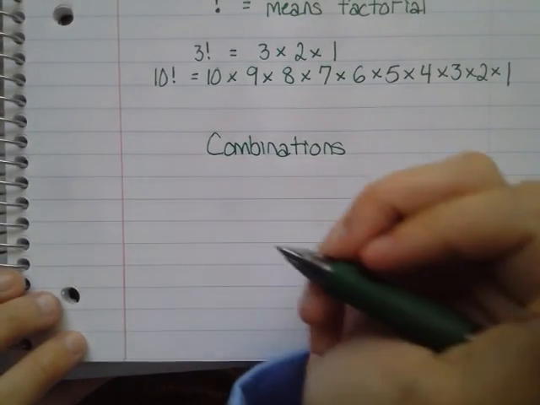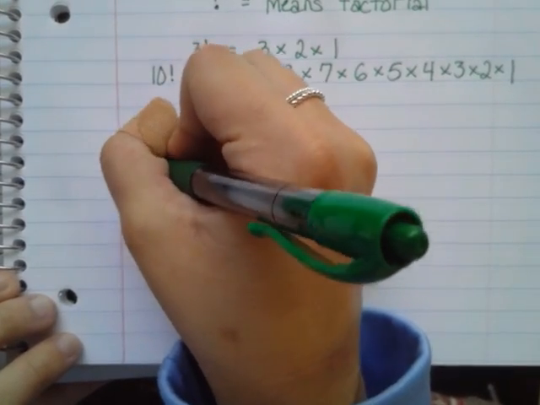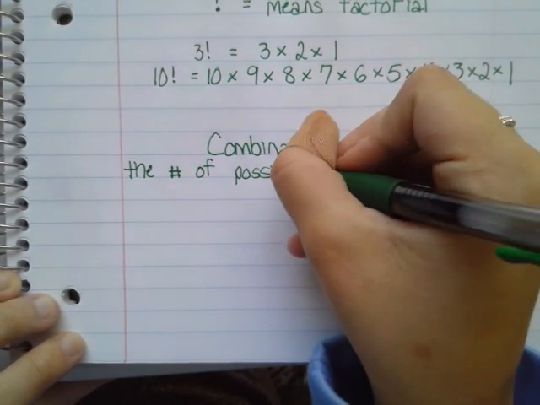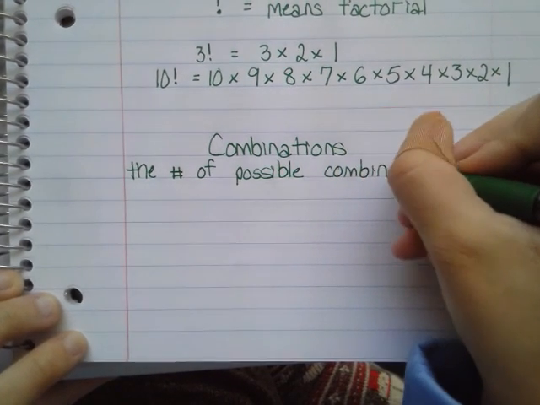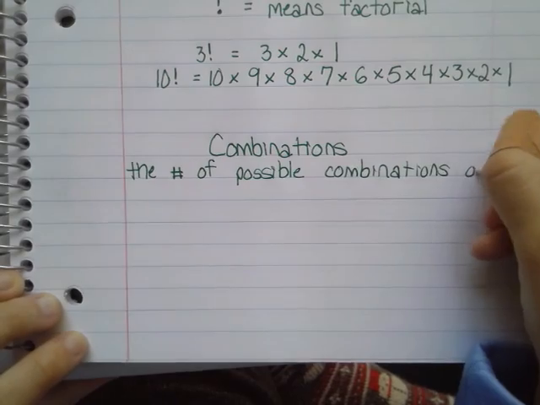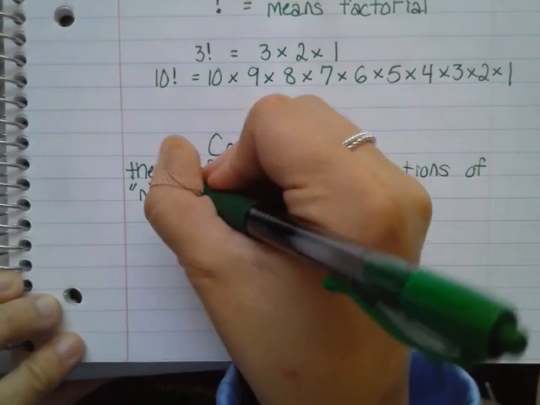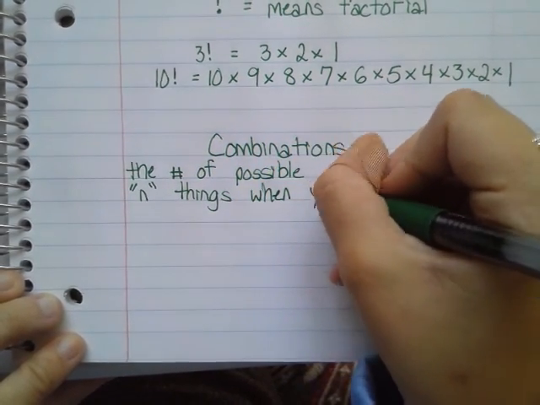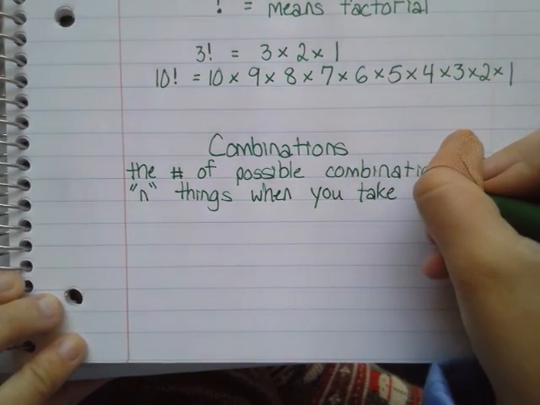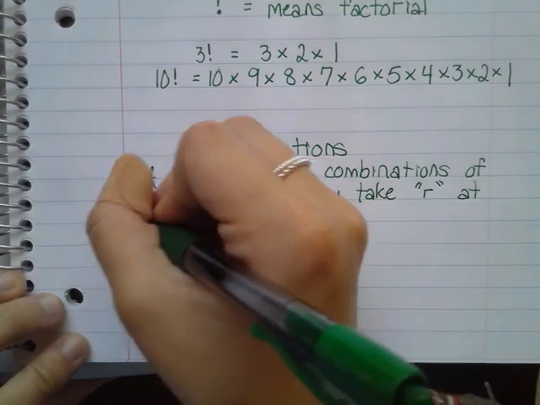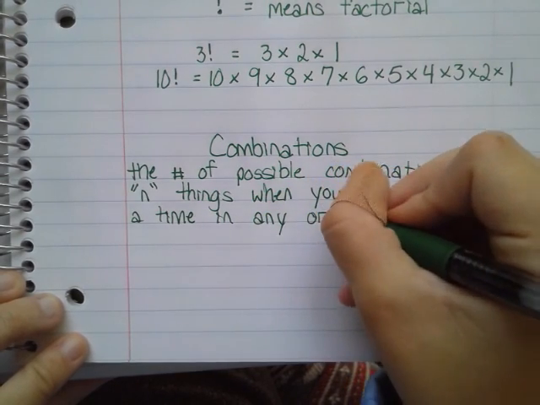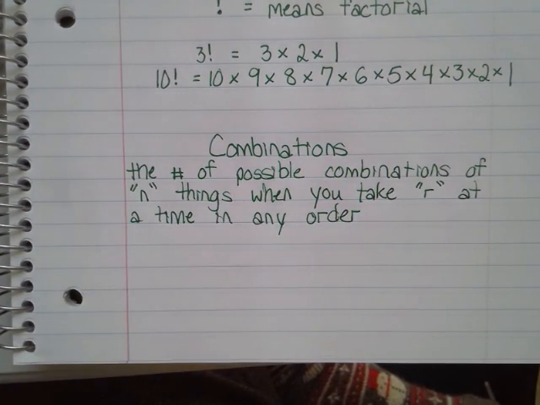Combinations are the number of possible combinations of n things when you take r at a time in any order.